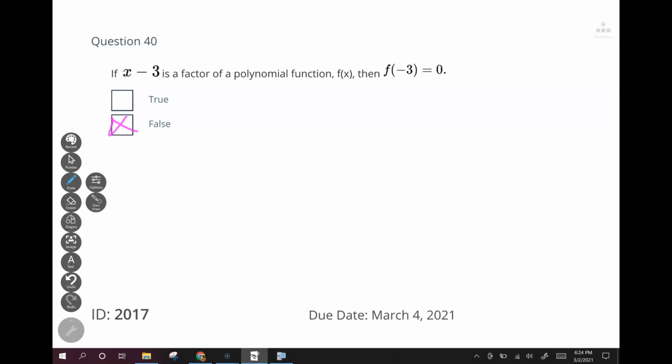The reason is, if x minus 3 is a factor, then the zero that corresponds with that is x equals 3. And here's why. x minus 3 equals 0 gives me x, adding the 3 over, gives me x equals 3. So the zero is positive 3. So that is f of 3 equals 0, not f of negative 3. The sign changes on that.